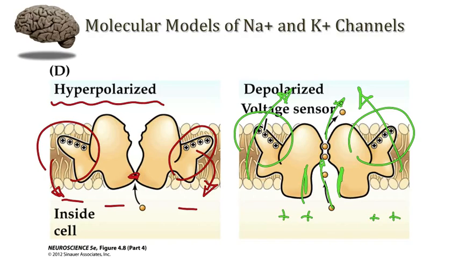Now, as I mentioned, one of the consequences of the genetic encoding for these ion channels is that mutations can occur that have consequences for neurological function and, in some cases, human health. And you can read more about that topic if you're interested in Box D in Chapter 4 of our textbook.